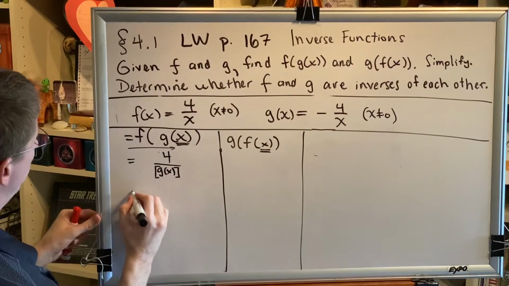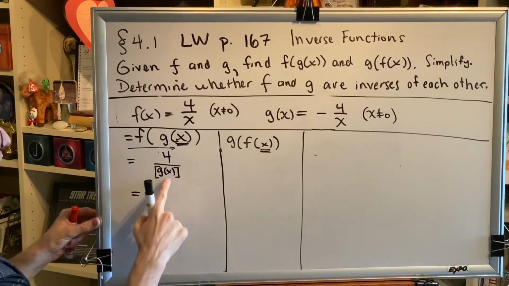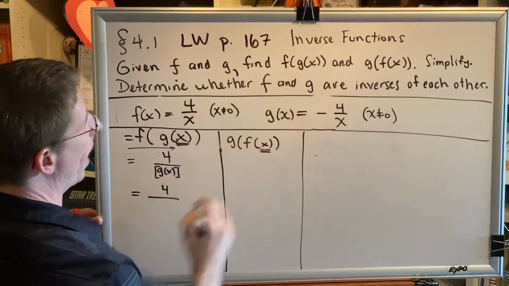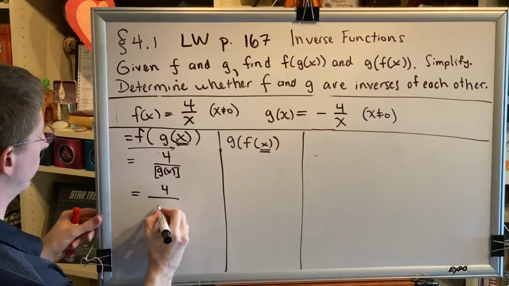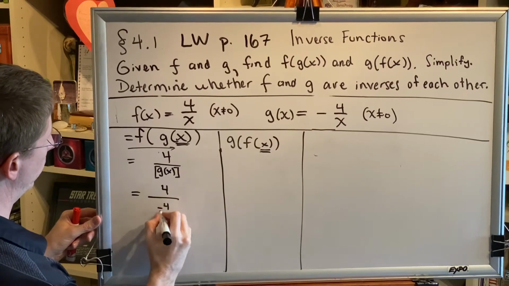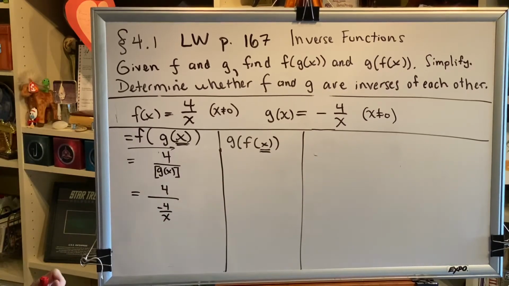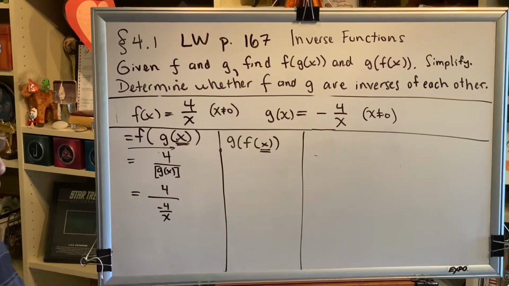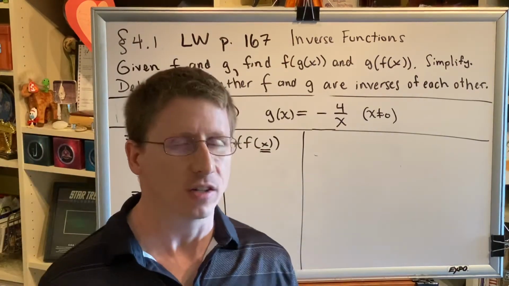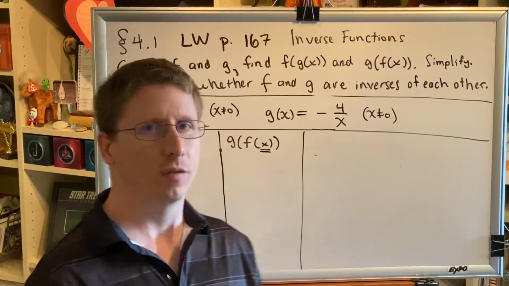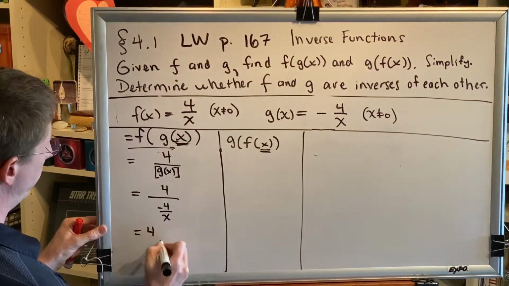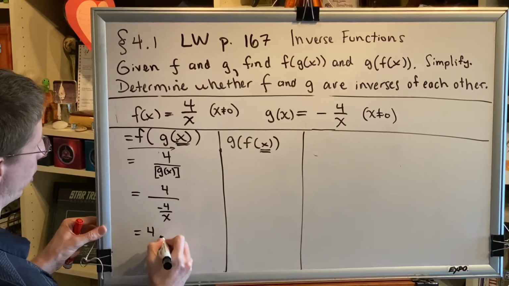All right, now we substitute and simplify. What's g of x for this problem? G of x for this problem is negative 4 over x. All right, so this is an example where we're dividing a fraction. The 3 words you need to remember when dividing fractions are keep, change, flip. Keep the first part just the way it is, 4. Change the division into multiplication.